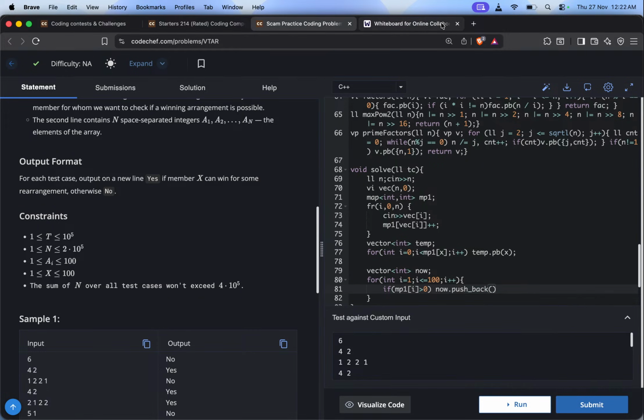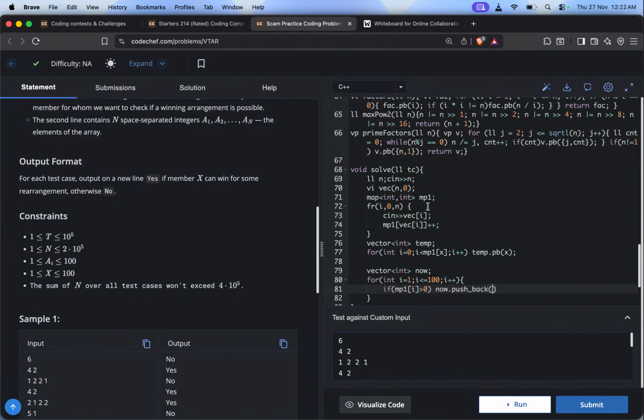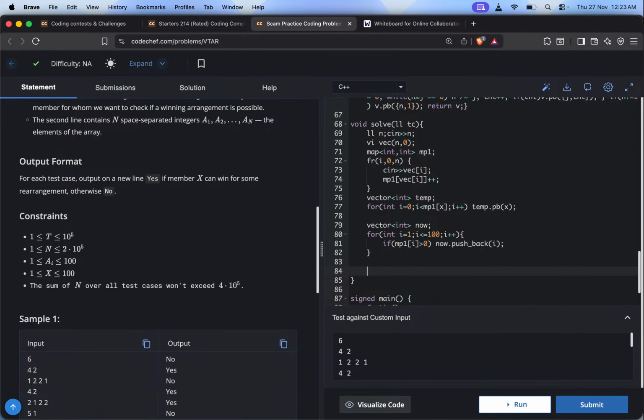Because this is one part, one subarray, all elements having frequency 1. Then the next is another subarray, all elements having frequency 2. So this particular subarray is represented by now. Initially, with frequency 1, we have created now.